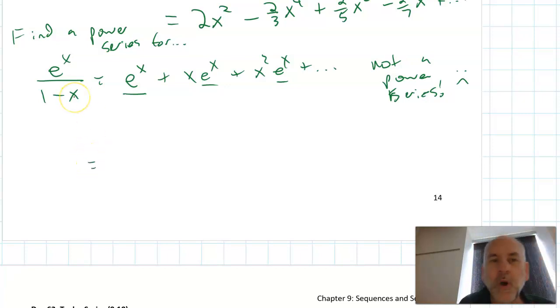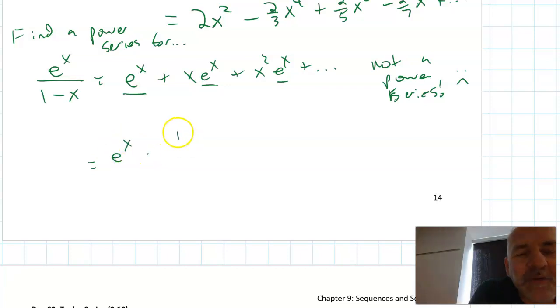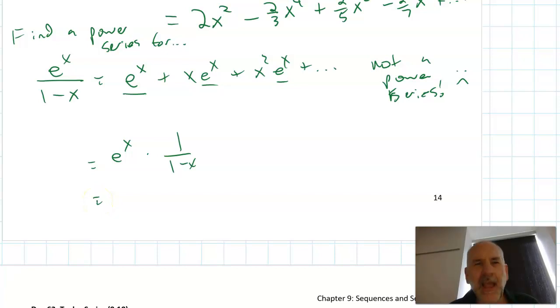I know that I could separate this into e to the x times 1 over 1 minus x. And I've got a representation for e to the x. That's what we did at the very end of class.